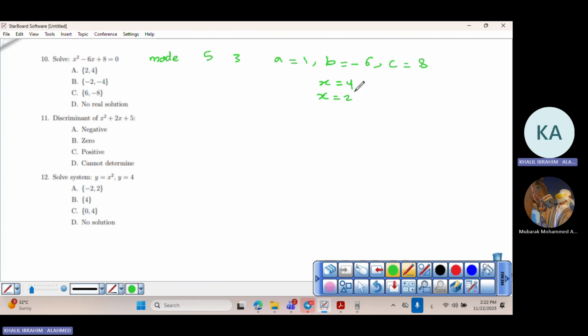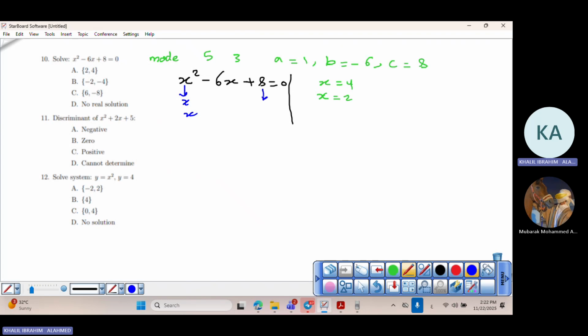This is the answer. Or you can use the scissor method. How to solve by the scissor method? x squared minus 6x plus 8 equals 0. You can factorize the first term. This equals x times x.